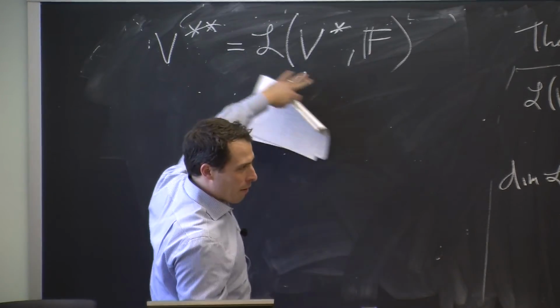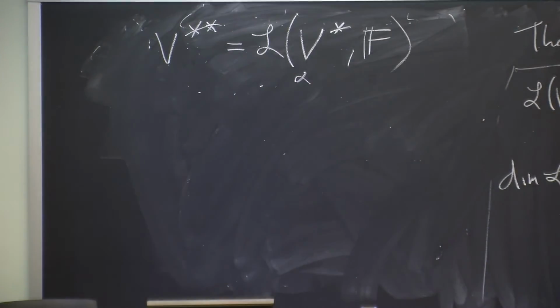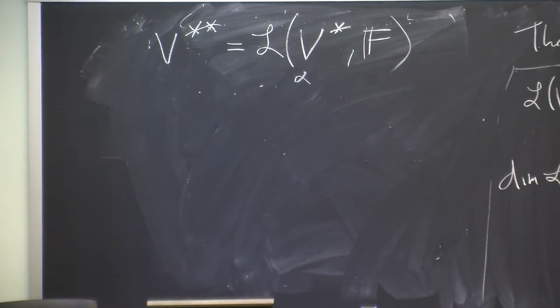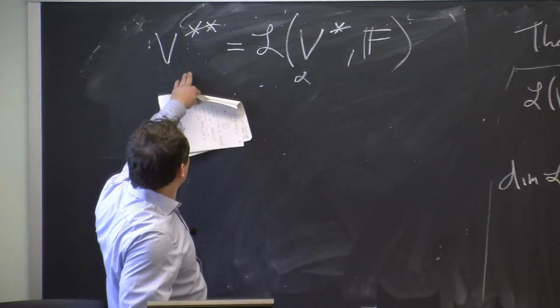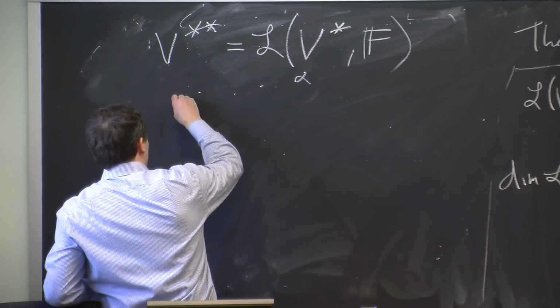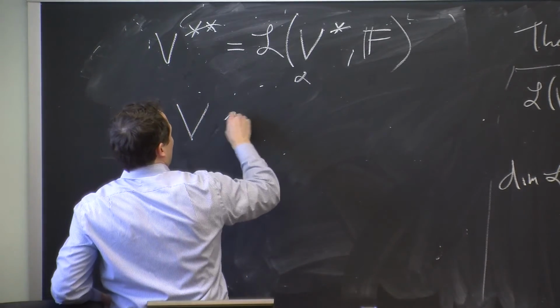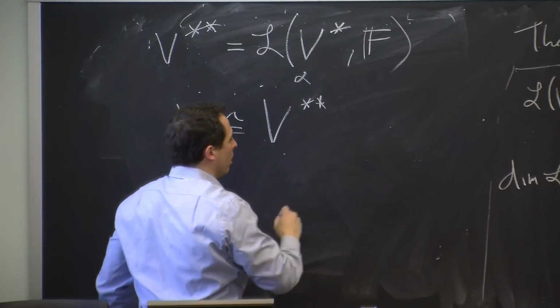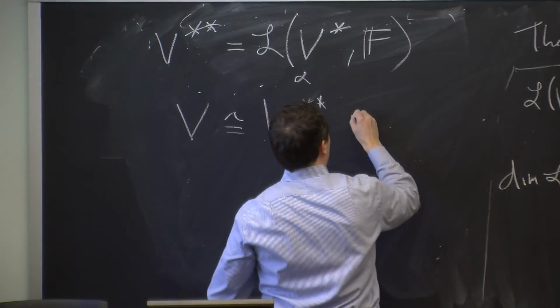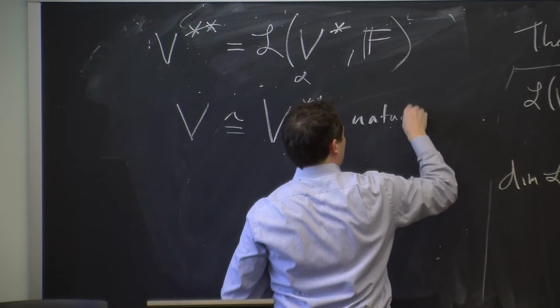This also, by the same argument, I just added a star to both sides. This has to be isomorphic also to V star. But V and V star star are naturally isomorphic, or canonically isomorphic.